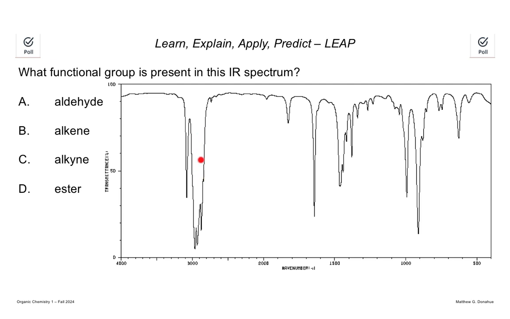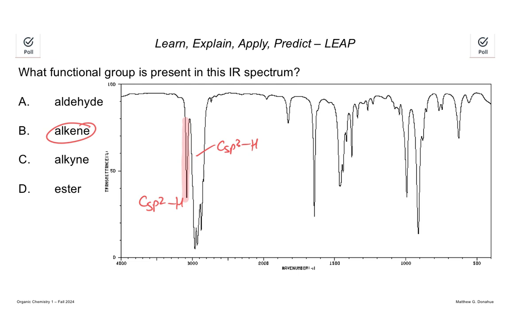So this region here, again, that's the CH stuff, sp3 C-H stretching, which nearly every molecule will have. This little spike here is separated from that, and it's going to be an sp2 hybridized carbon-H stretching. So the answer here for this one is going to be alkene.